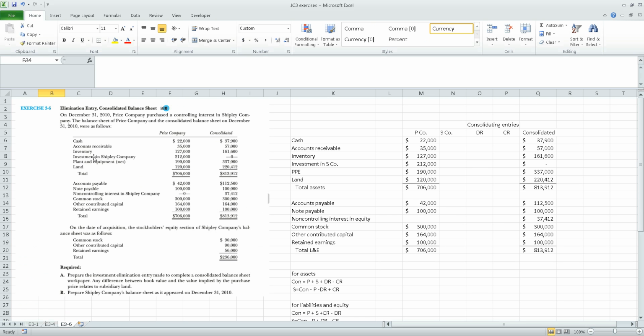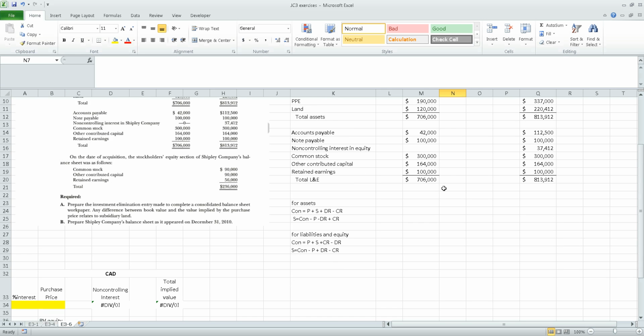The balance in the investment in Shipley Company account that appears in the parent's general ledger, that balance of $212,000, represents the purchase price paid by the purchasing company to acquire the target company S shares of stock.